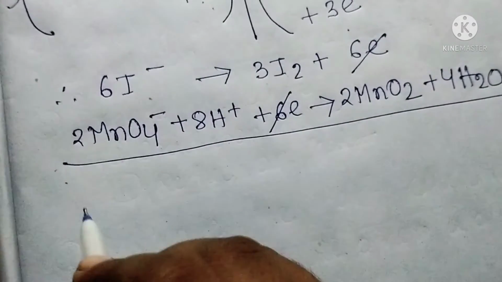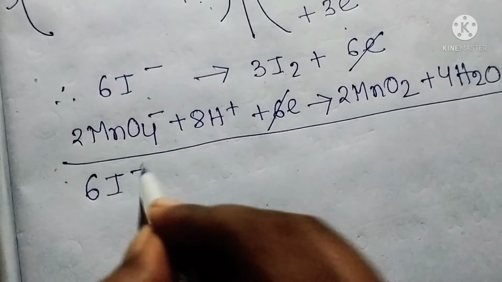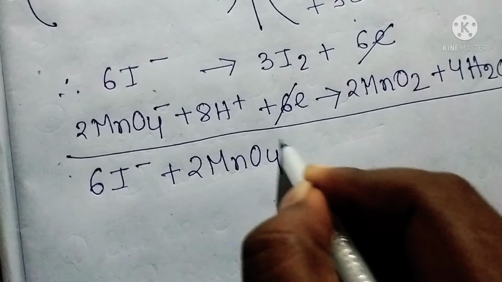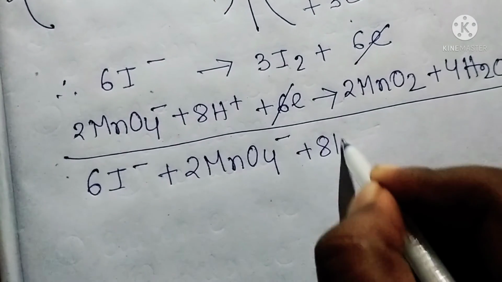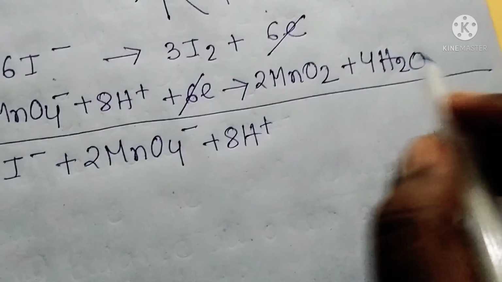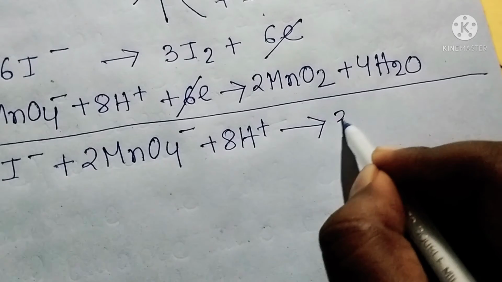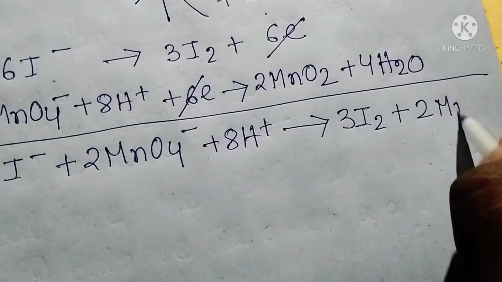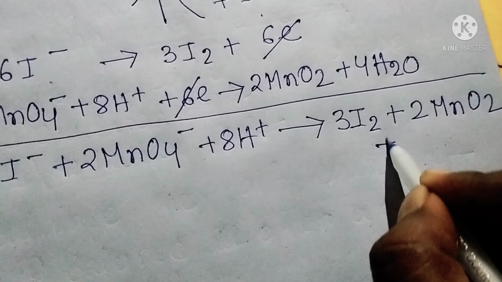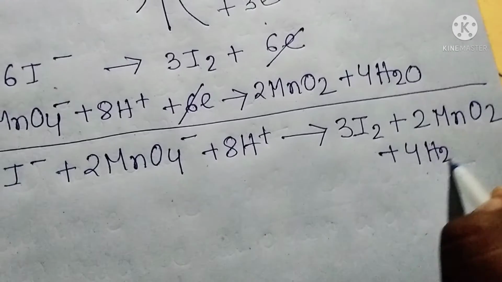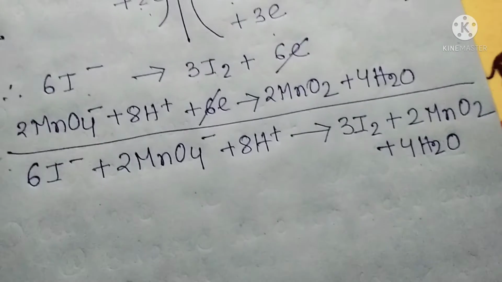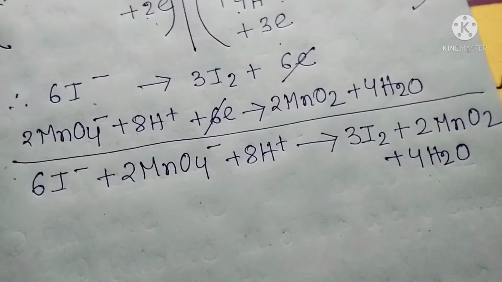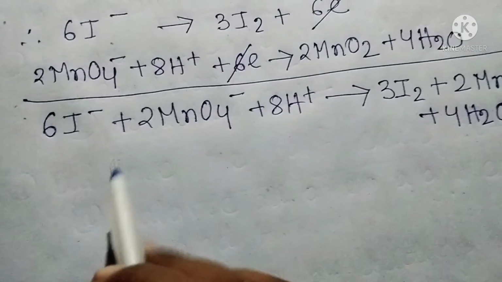Now write the equation: 6I minus plus 2 MnO4 minus plus 8H plus turns into 3I2 plus 2 MnO2 plus 4H2O. Do you understand, students? So let's see if the equation is balanced or not.